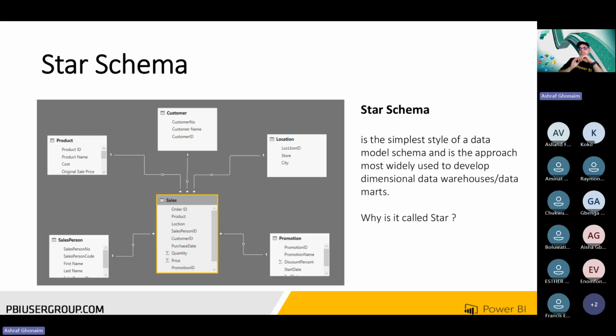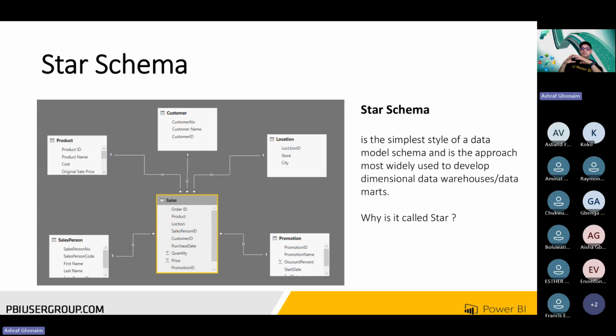Star schema is basically the simplest style of data model schema, and it's the approach most widely used to develop dimensional data warehouses and data marts, right? So the concept comes from data warehouses and data marts. It's a very simple, very straightforward concept, and also a best practice because it has so many benefits when it comes to optimization of your model and how to deal with your tables, how to minimize the number of joins as much as possible.